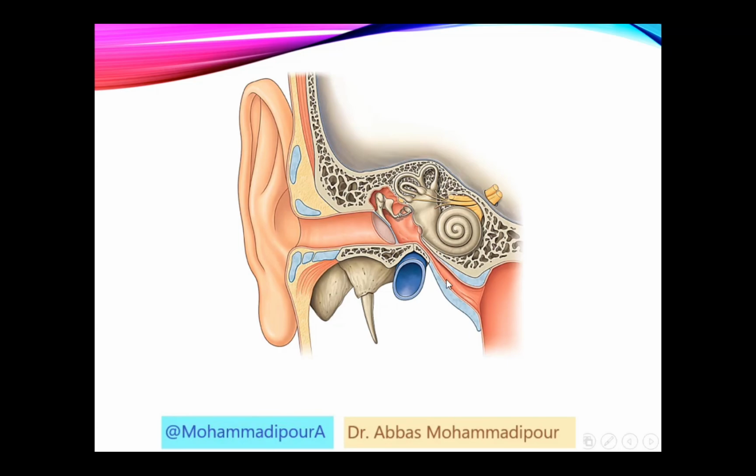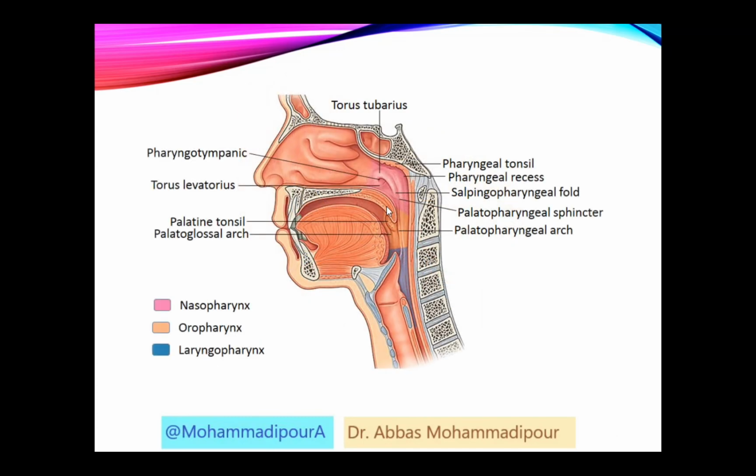This tube, as you see, consists of a bony part near the tympanic cavity and a cartilaginous part which is greater and opens into the nasopharynx. Here this foramen is the opening of the tube. Look at here. There is a bulge or a prominence just above the opening.